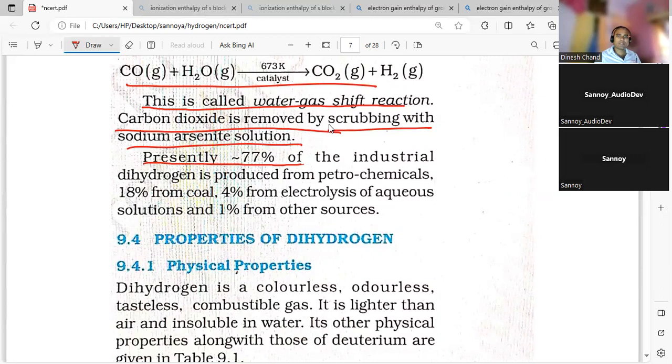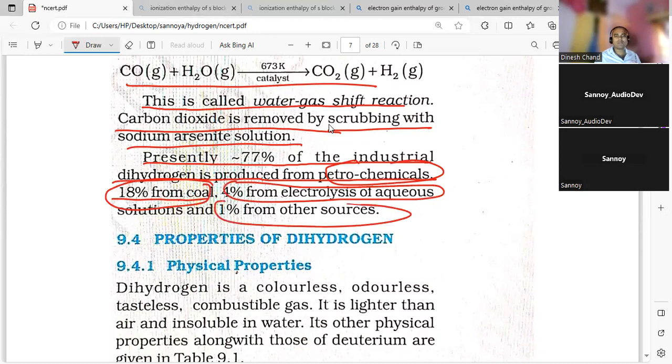Presently, 70% of industrial dihydrogen is produced from petrochemicals, that is petroleum products, then 18% from coal, 4% from electrolysis of aqueous solution, and 1% from other sources. That data should be memorized.